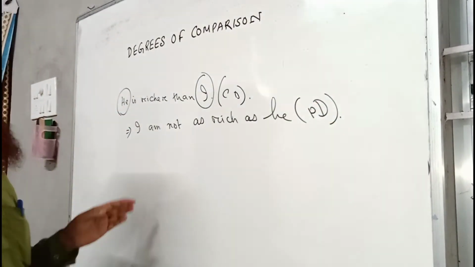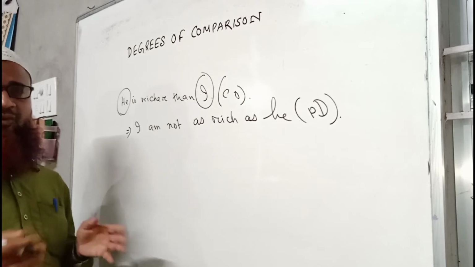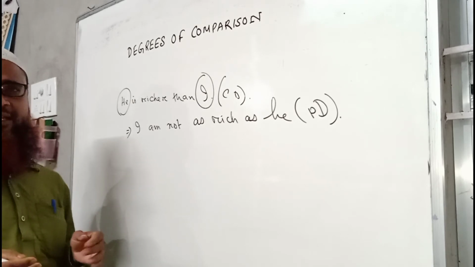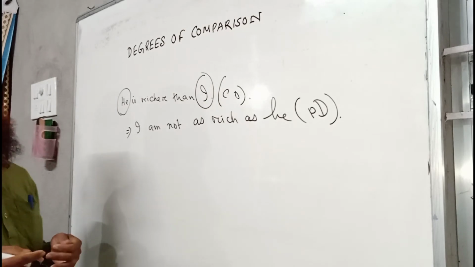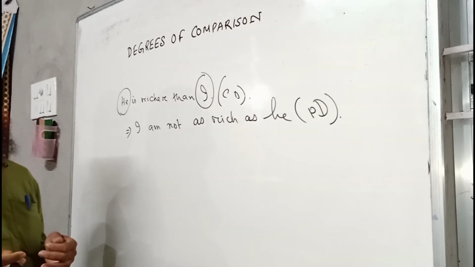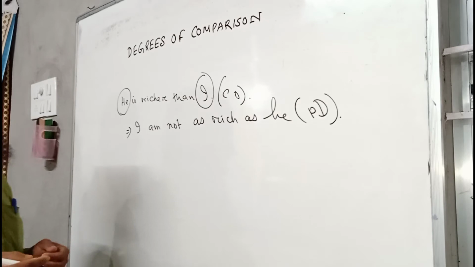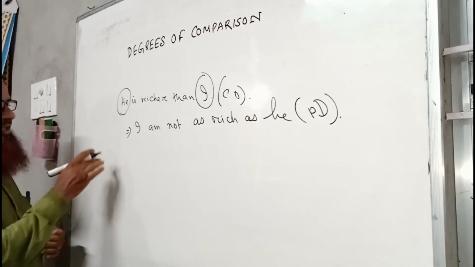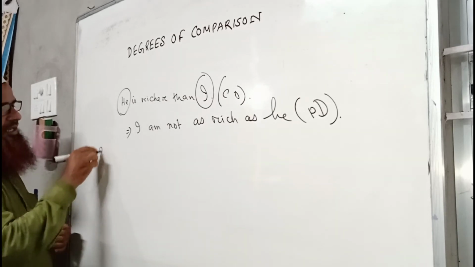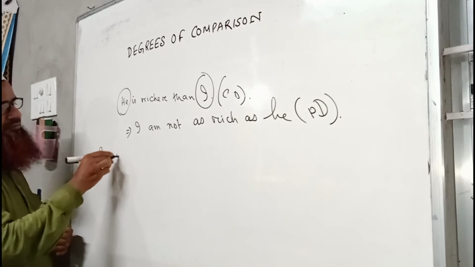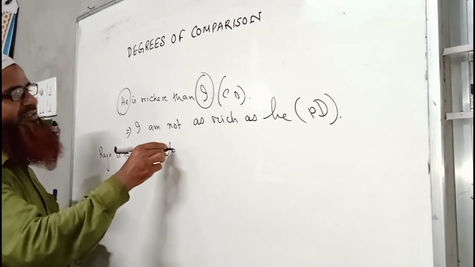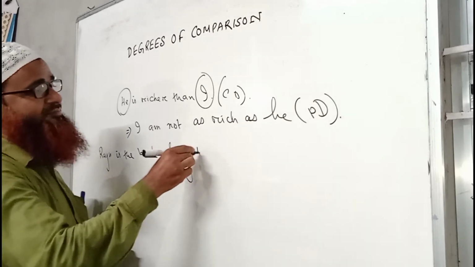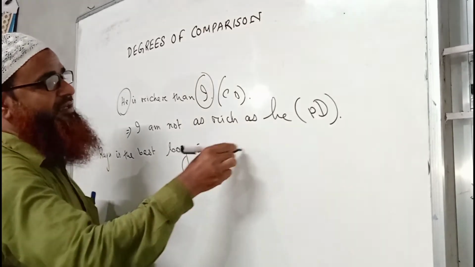Now we have also already learned another rule of degrees of comparison, where we can change degrees in all the three forms. So the example is: Raju is the best boy in our class.